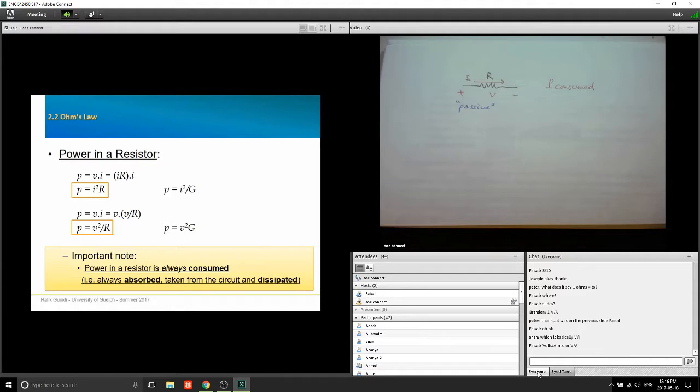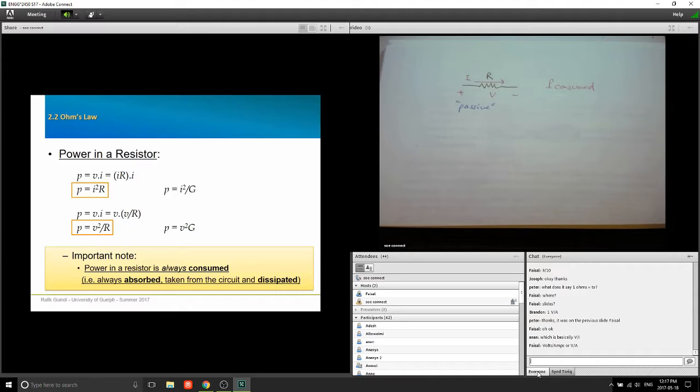Now, if you have a source, it is possible. Okay, so a source can give you power, and it can also receive power. I mean, remember the example of the car battery? They have two sources, but one of them was giving energy to the other one. So a power source can also be on the receiving end.